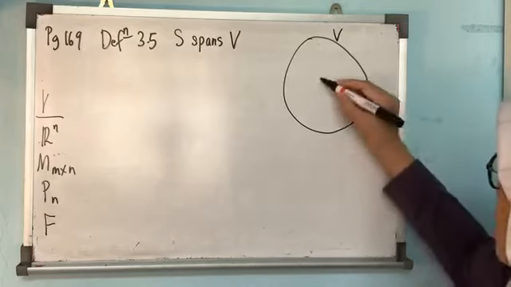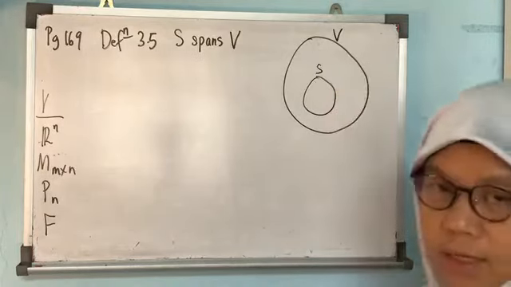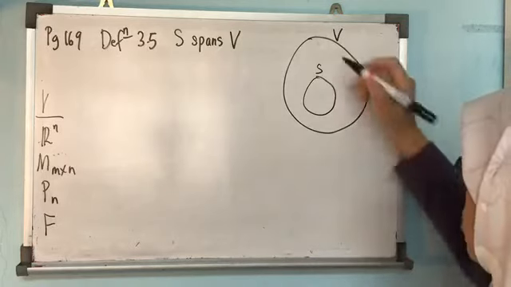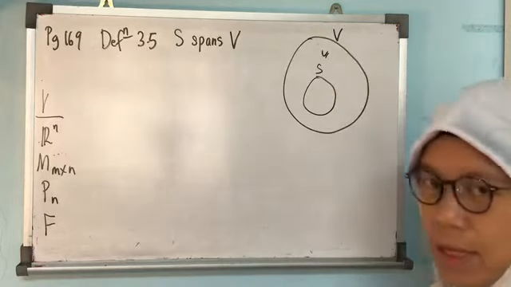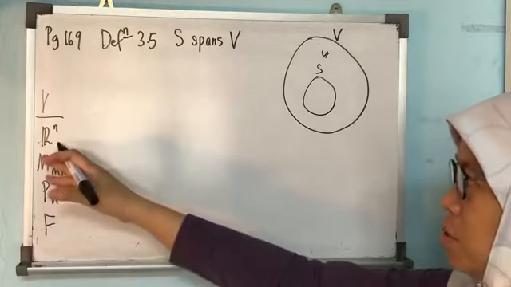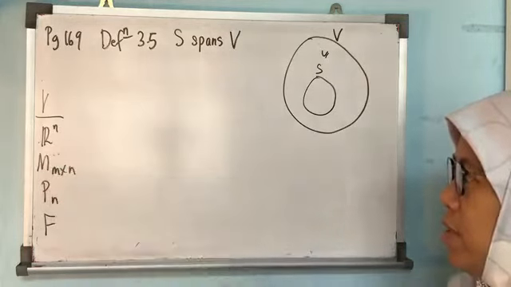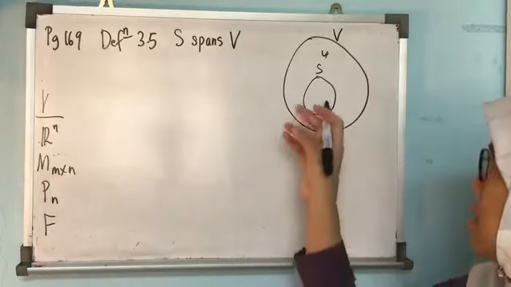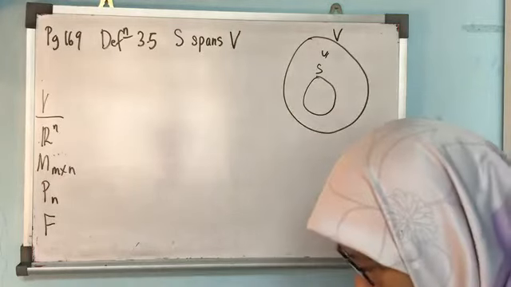And S is just a finite subset of V. So this is a subset of V. V is infinite, because you cannot count how many. There are infinitely many. S is just a subset and finite.